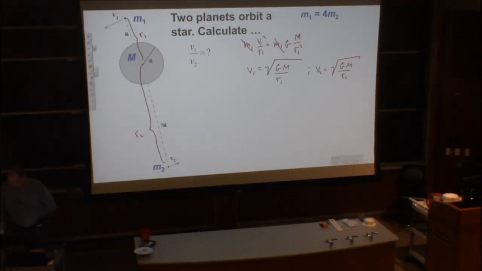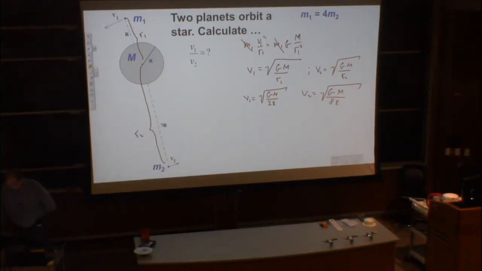Now we just look at the picture. The first speed should be equal to this, divided by 2 radii. The second speed should be equal to this. And what number should I write for the coefficient? How many big R's? 8. 7 is the altitude, plus 1 because of the radius.